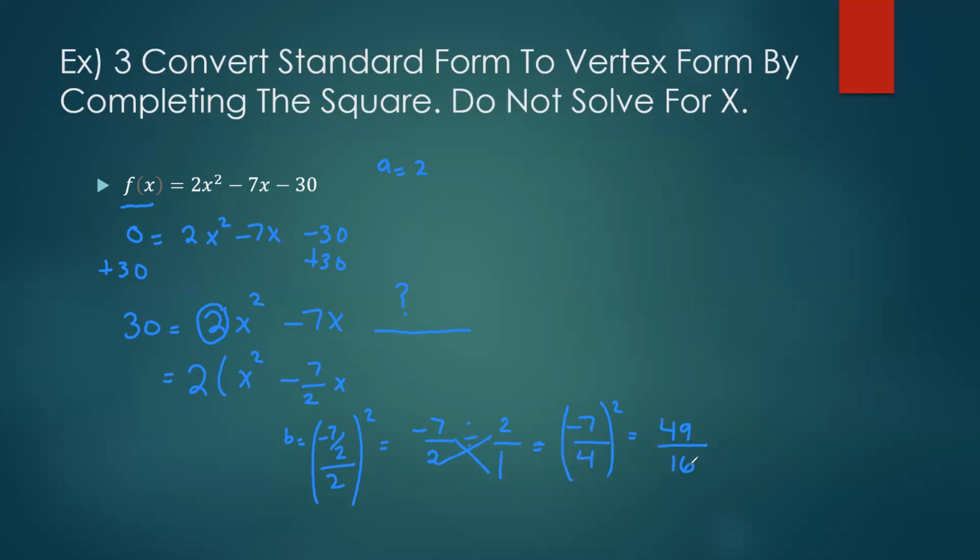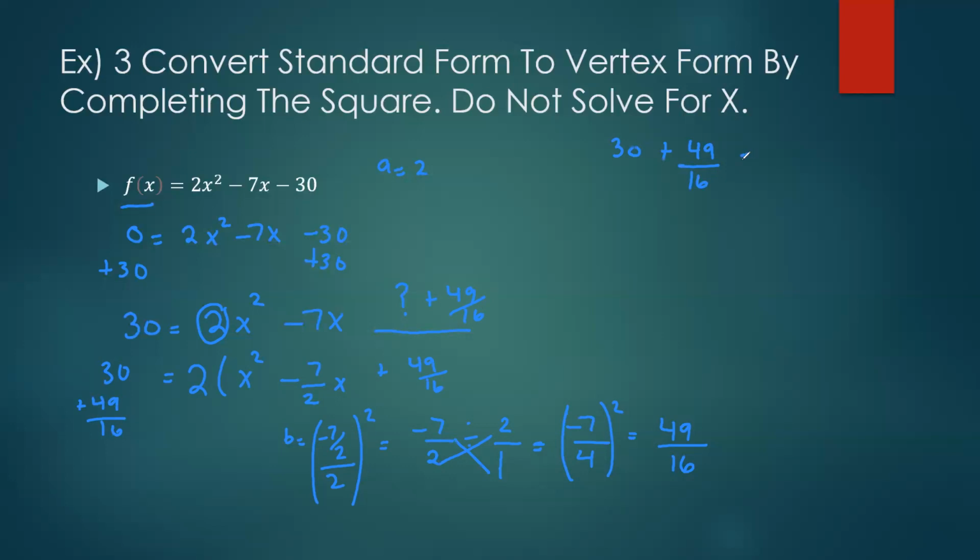Okay. So what that means is you're going to add 49 over 16 to both sides, here and then here as well. Okay. So on the left, you're left with 30 plus 49 over 16.